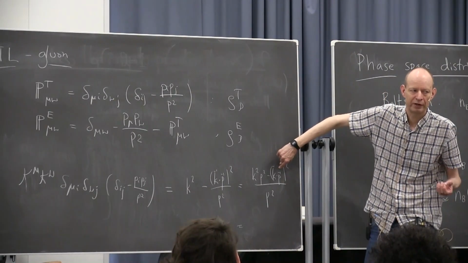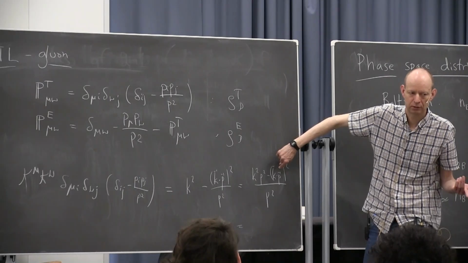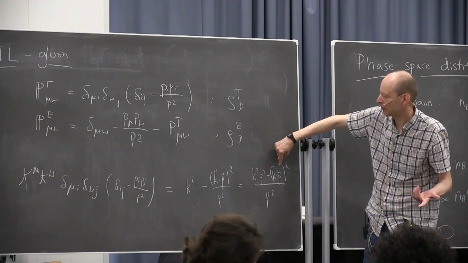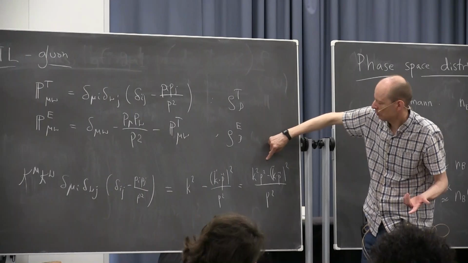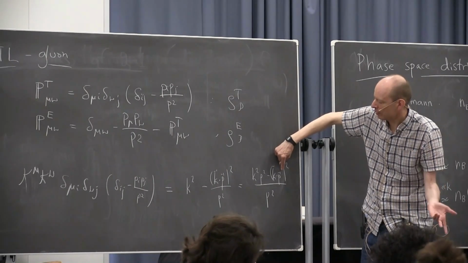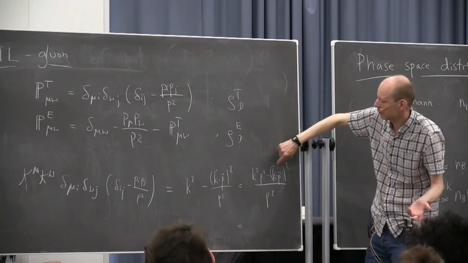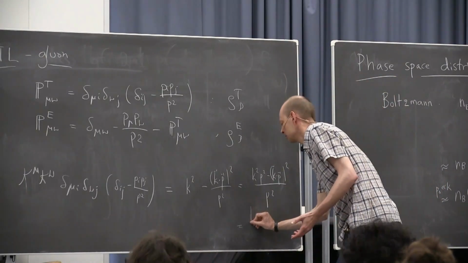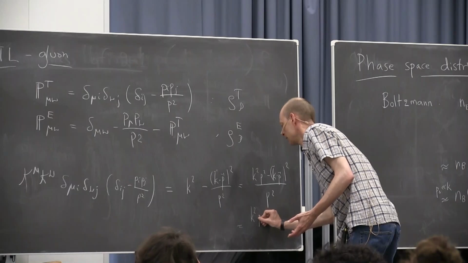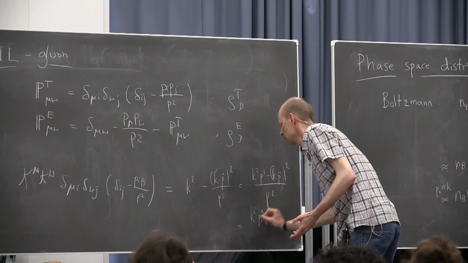So what's left over is the transverse part. In fact, this is precisely what I defined as transverse with respect to k, and in this subtraction, what is left over is precisely the transverse part of the momentum.